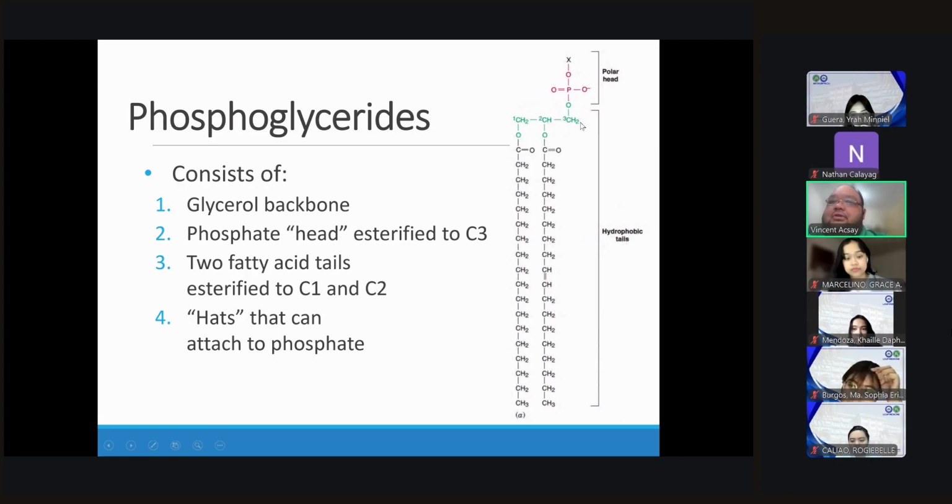And then for carbons 1 and 2 of your glycerol backbone, you have 2 fatty acid tails that are also esterified. So you have one long hydrocarbon here and a second long hydrocarbon here.